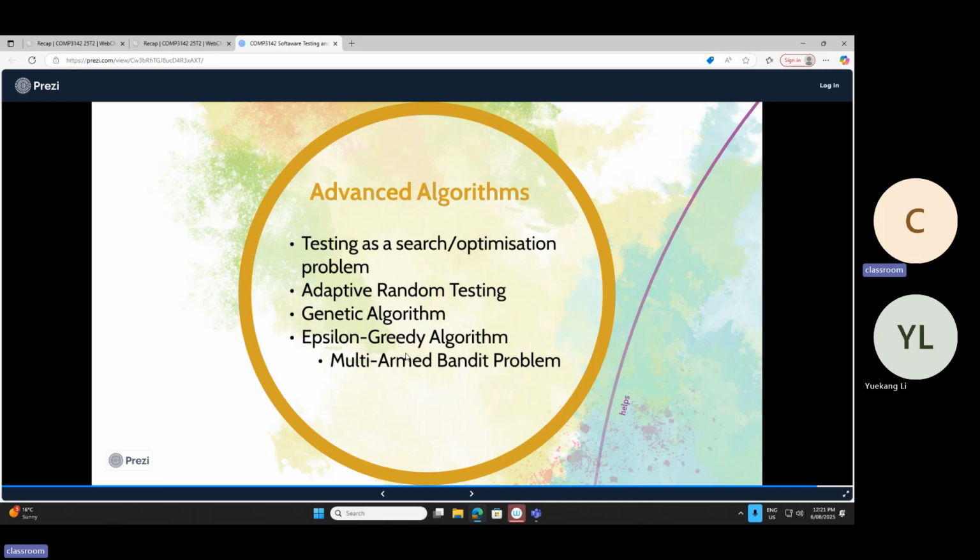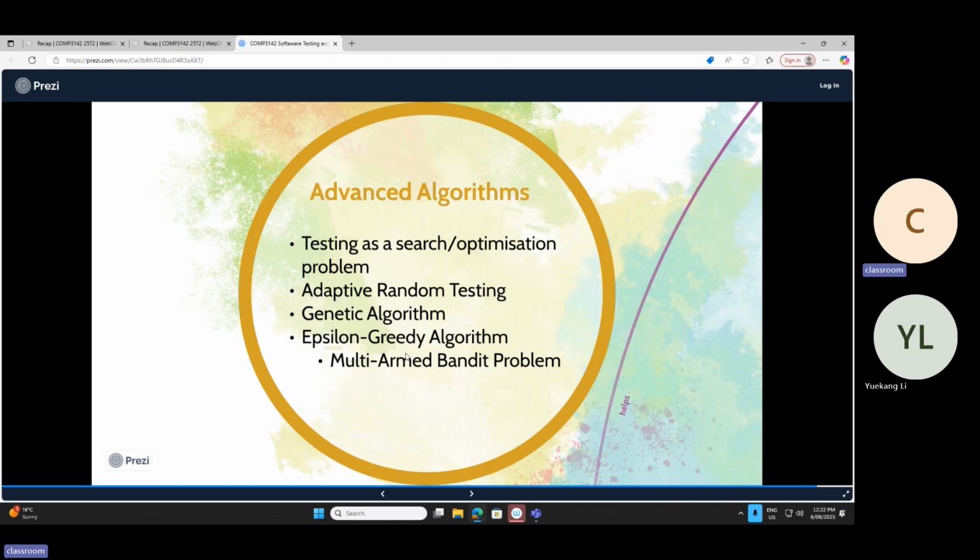And there are some algorithms for dealing with these optimization problems. The first one we learned is adaptive random testing. Instead of creating the test cases purely randomly, we base it on our previous testing results.